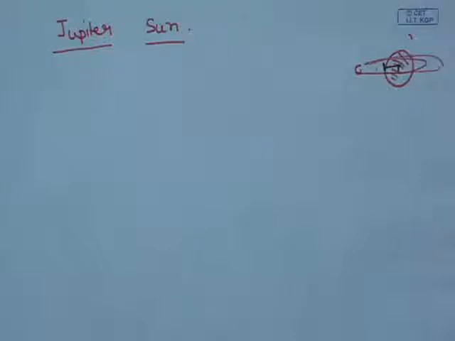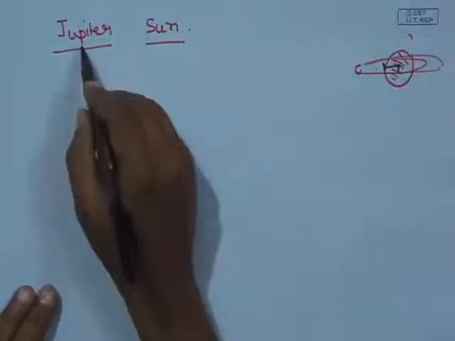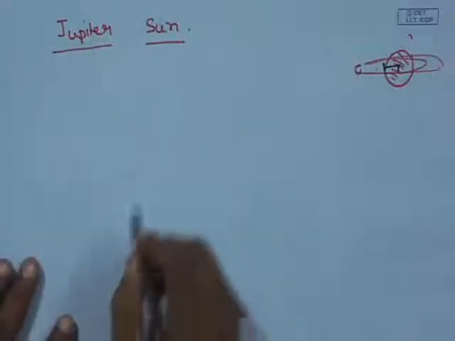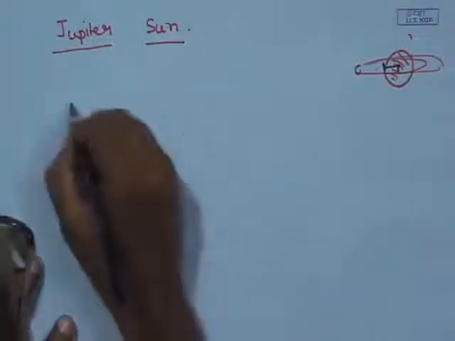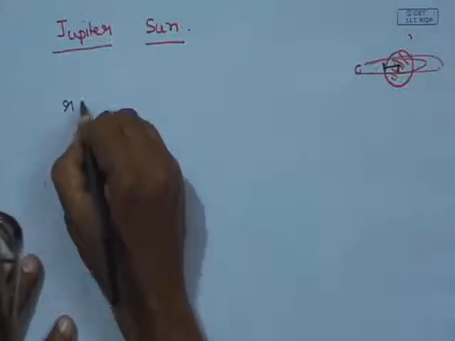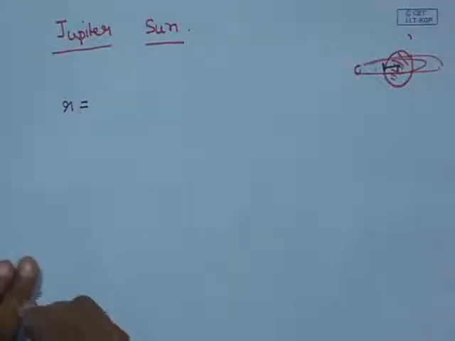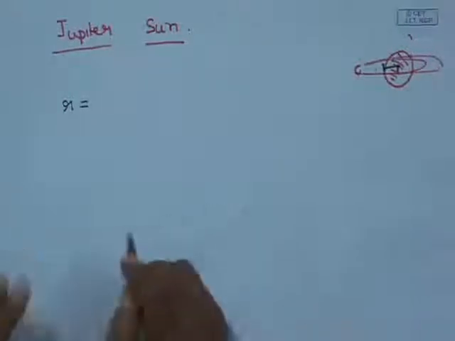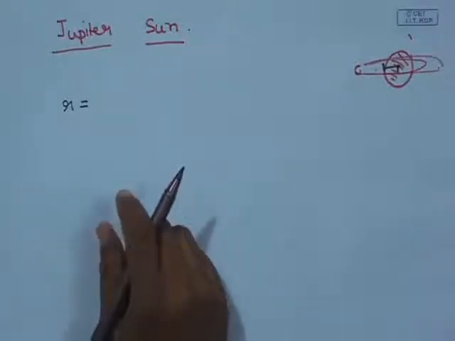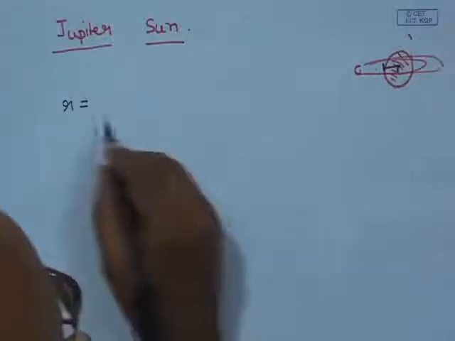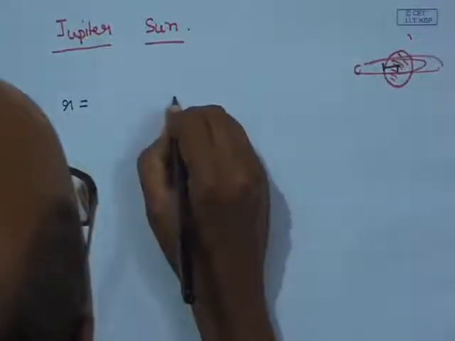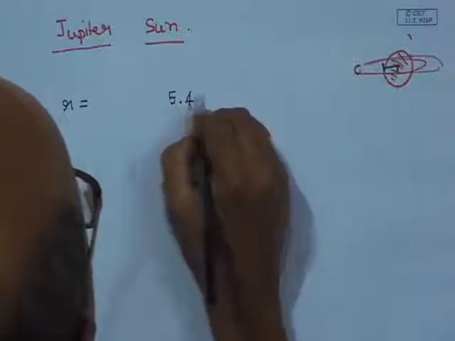So, how are we going to estimate this? The distance from the sun to the center of mass of the Jupiter Sun system is going to be related to the Sun Jupiter distance. Let us call it R. R is the Sun Jupiter distance, which we know is 5.4 astronomical units.